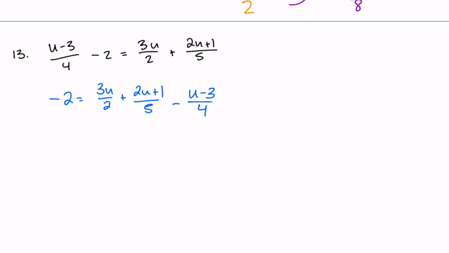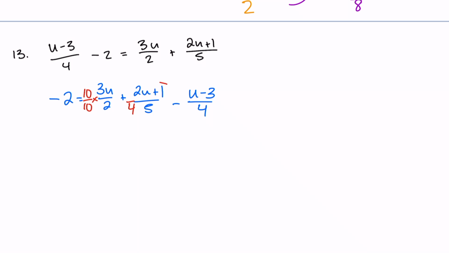Now I'm going to multiply each of these terms by 1 to change their appearance so that they can have 20 as a denominator. So to get the denominator to be 20 here, I need to multiply it by 10. And since I don't want to change the value of this 3u over 2, I need to multiply by the same thing on the top, so that I'm essentially multiplying by 10 divided by 10, which is 1. To get 20 in the denominator here, I need to multiply 5 by 4.